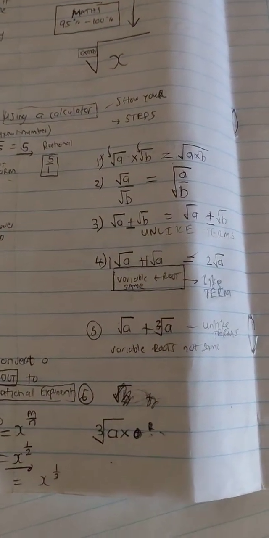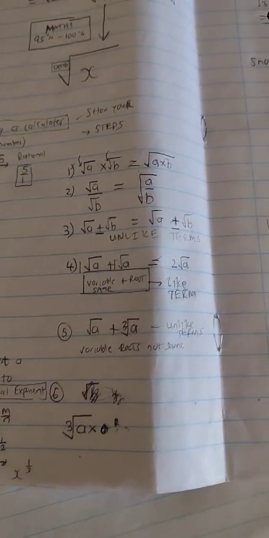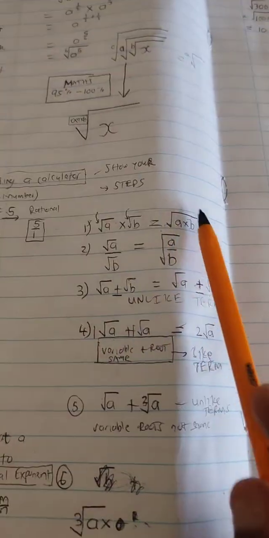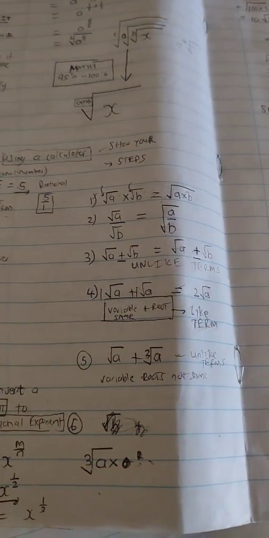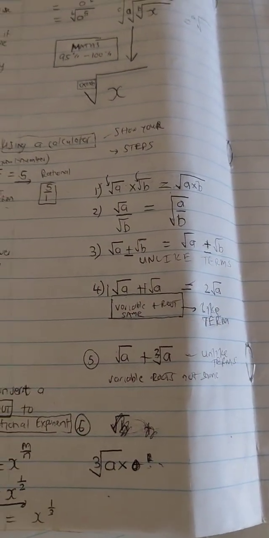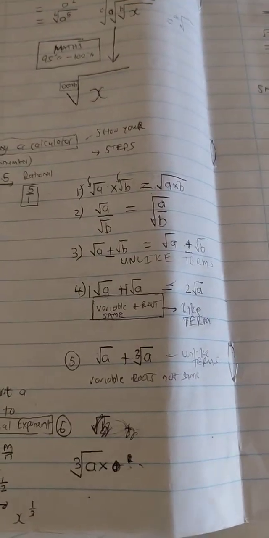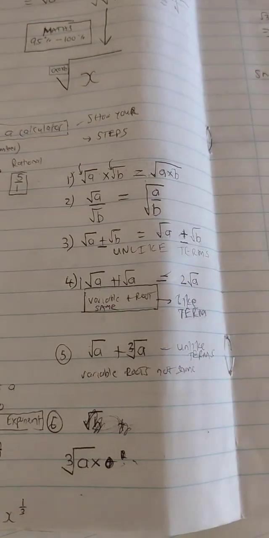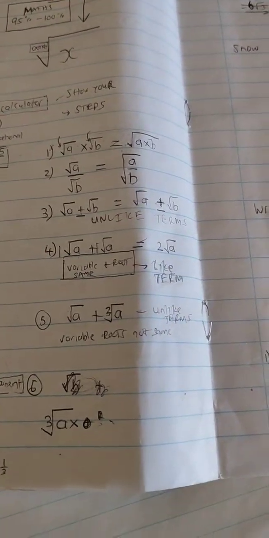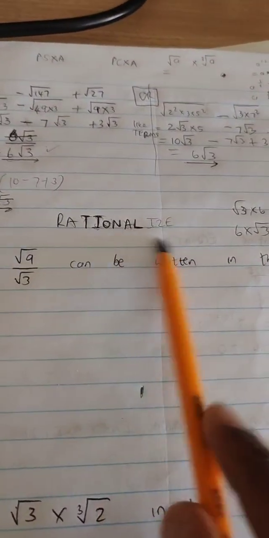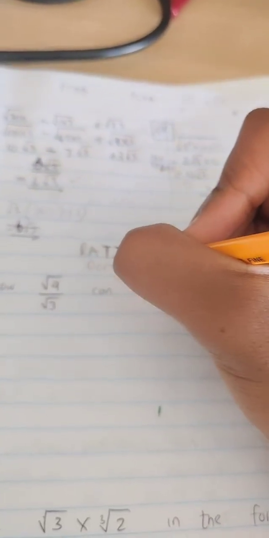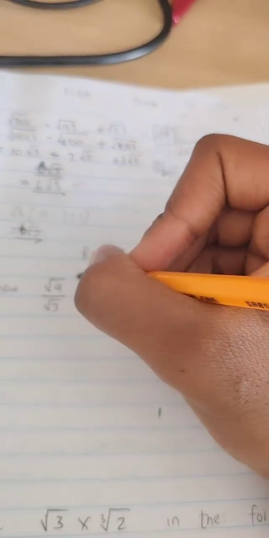For now, I need you to digest these laws in conjunction with what we've just done. And then you must take it upon yourself to find other grade 11 type problems around surds and roots. We will look at this concept of rationalizing the denominator tomorrow because it is important.